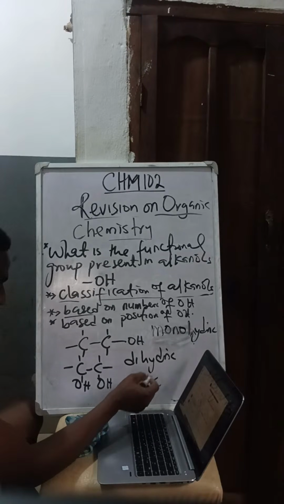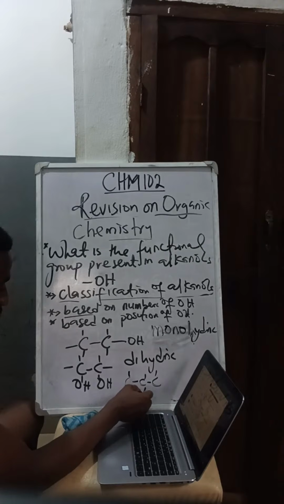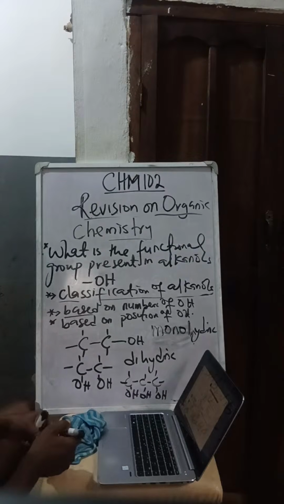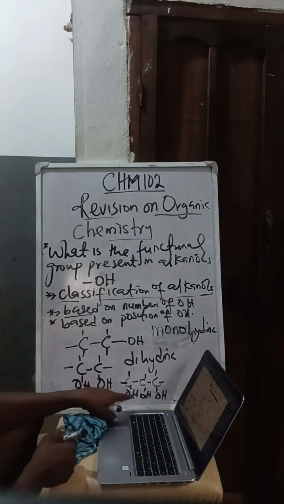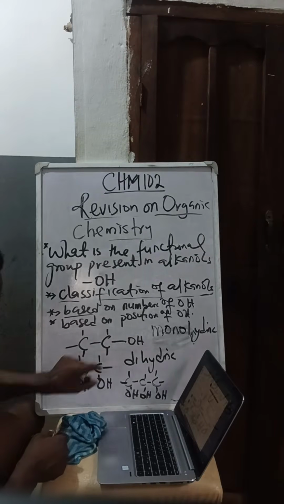And the last is trihydric alcohol, the one that has three OH. The monohydric alcohol has only one OH.